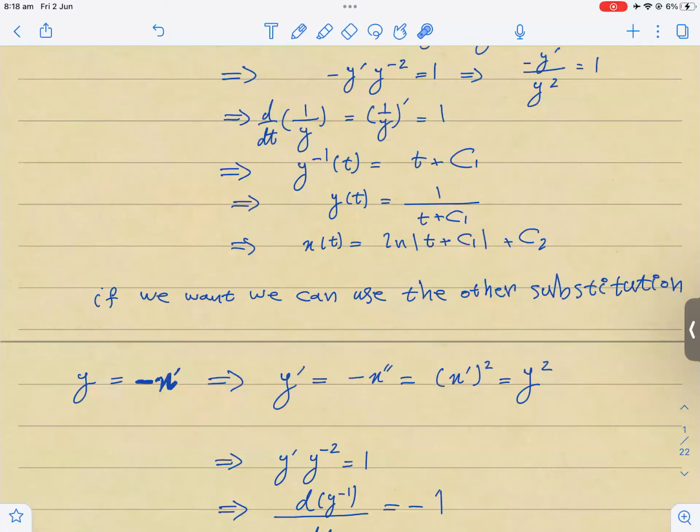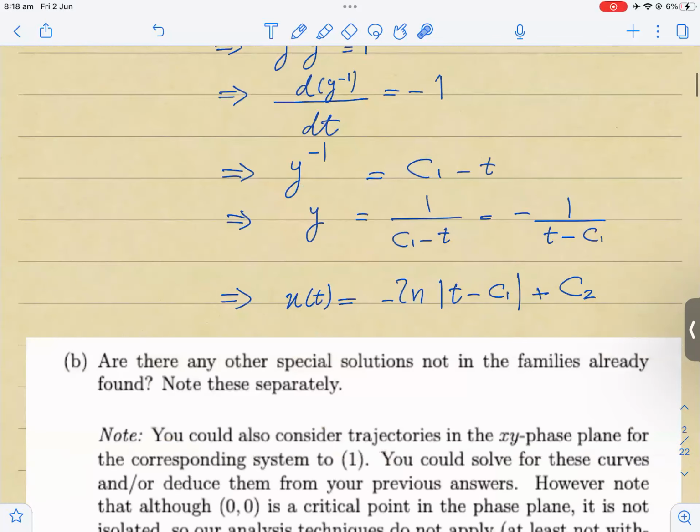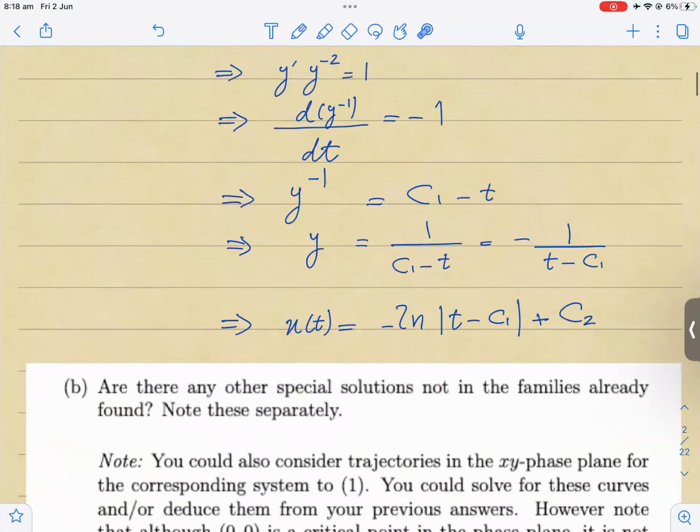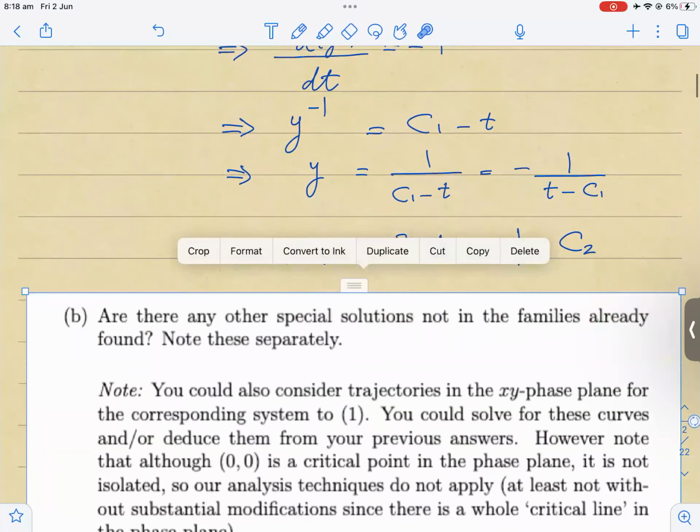And actually I can put c2 here, or maybe I cannot obtain it. So anyway, slightly different. Okay, but I doubt if they are independent.